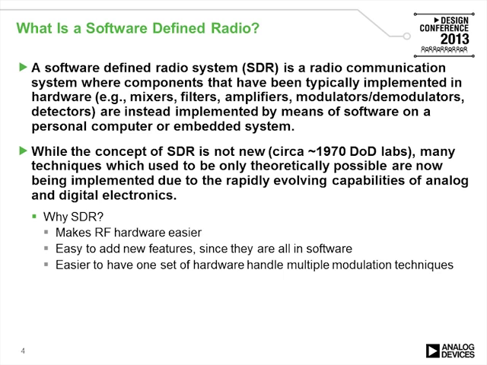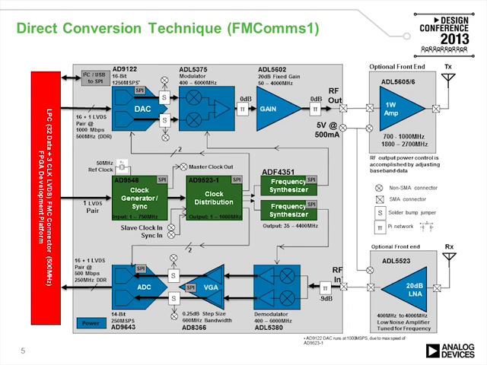So here we have an example of an SDR type of platform where we have all of our analog electronics: our DAC, IQ on the DAC, going out to a modulator, going out to gain blocks and potentially an optional front end for gain.